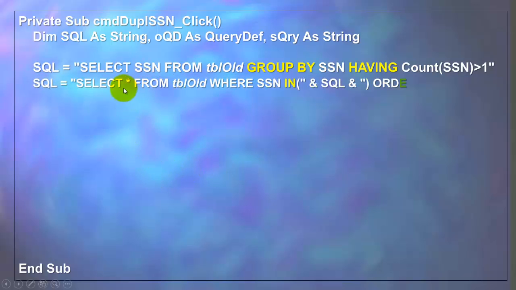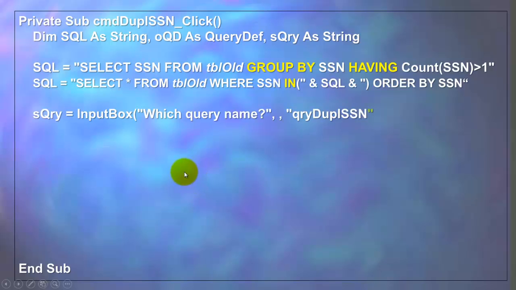Then we select all the fields from the table old where the social security number is in that previous SQL statement and order by social security number. So we get identical social security numbers together.